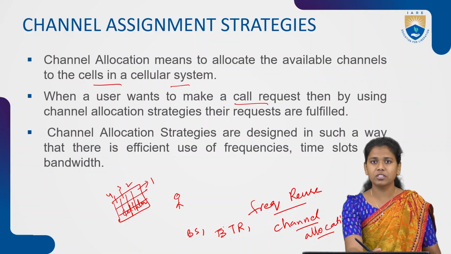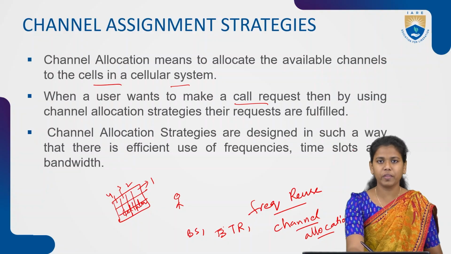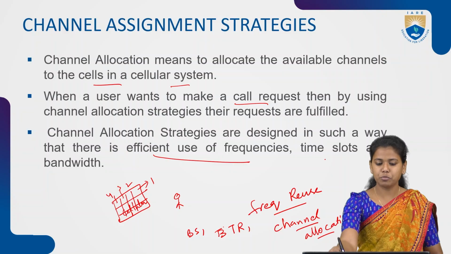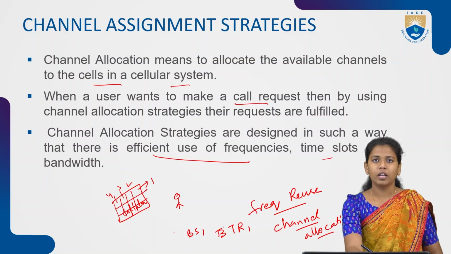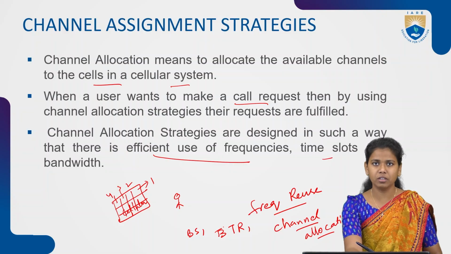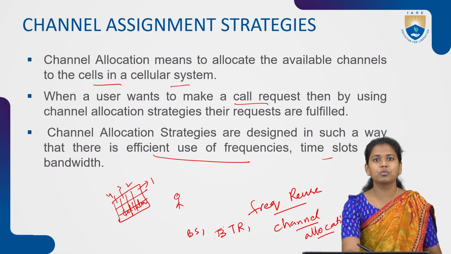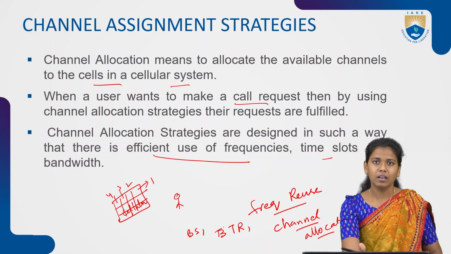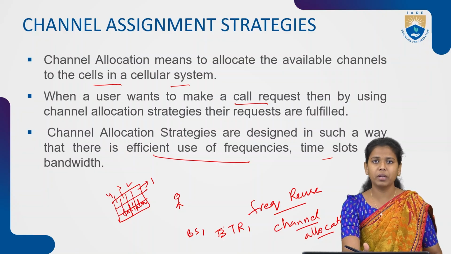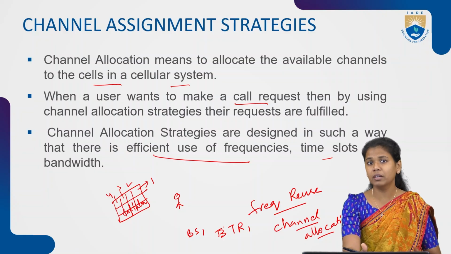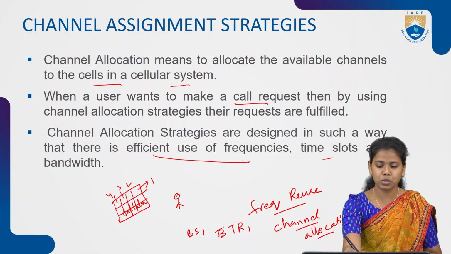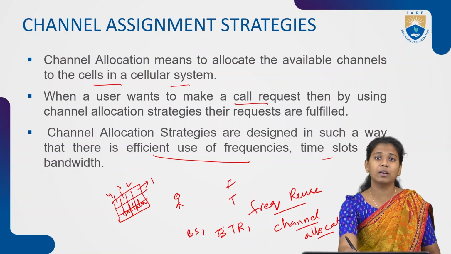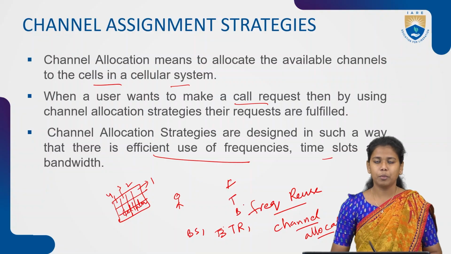The channel allocation strategies are designed in such a way that there is efficient use of frequencies, time slots, and bandwidth. In order to give a user a better way of communicating with people, there are three prominent things we can see here. The first is the frequency, the second is the time slots, and the third is the bandwidth.